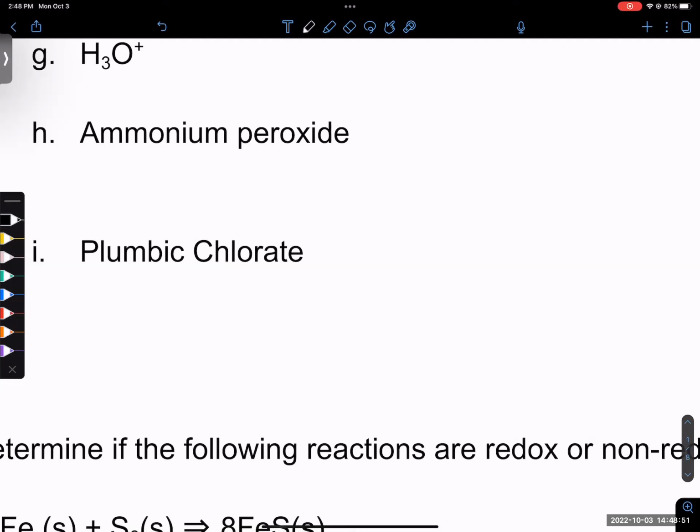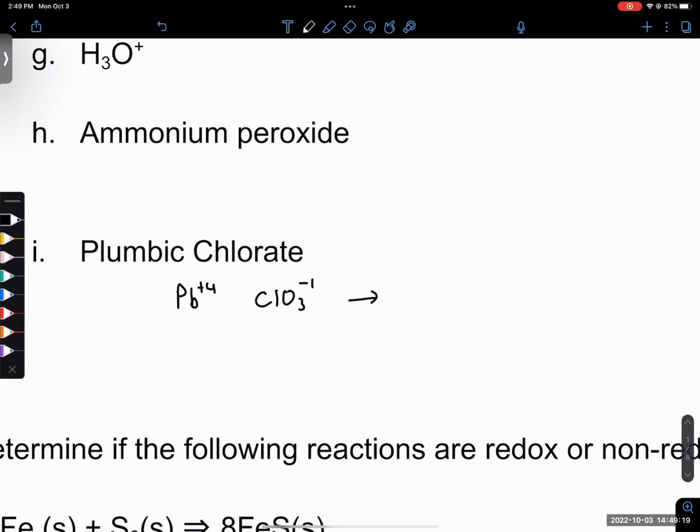We know plumbic is lead with the higher charge, which is what? +4, right? So lead +4. And then chlorate, do we know what chlorate is? Yeah, chlorate is ClO3 with a -1 charge.